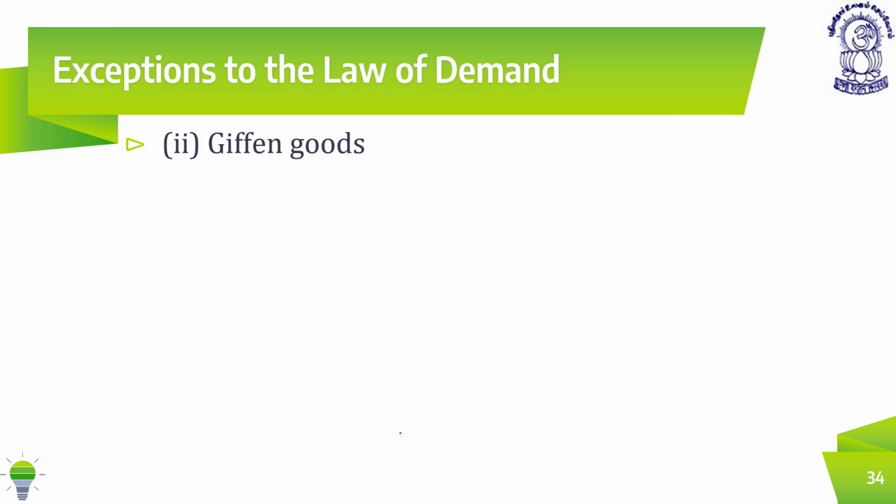The next topic is Giffen goods. So it is also known as inferior goods. This concept is given by Sir Robert Giffen, a Scottish economist.